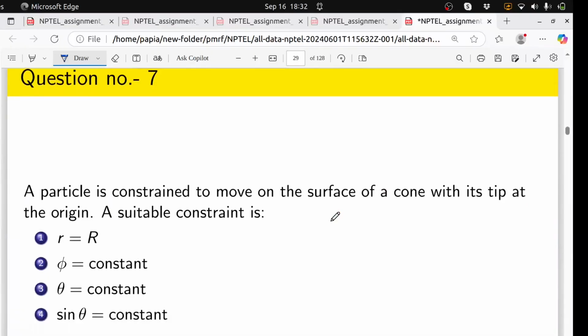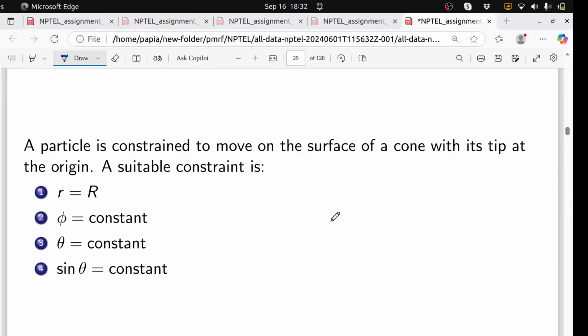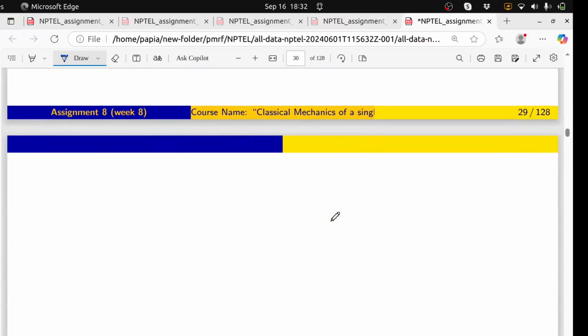Now coming to question number 7. A particle is constrained to move on the surface of a cone with its tip at the origin. A suitable constraint is what? For that case, I just want to know which coordinates we are going to take for a cone.